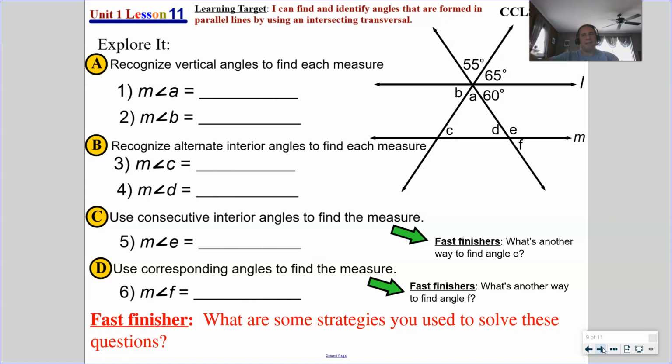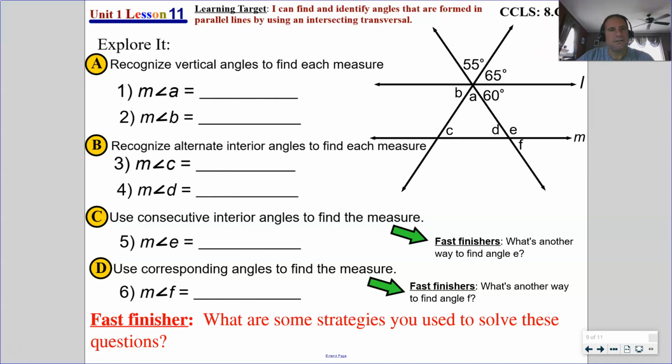We have this mess. All right, so let me move my face over here. Just remember, this is not a difficult topic. Vertical angles are congruent. If they're directly across from each other and they look like they are the same, they are.